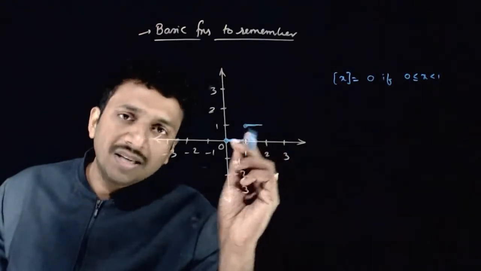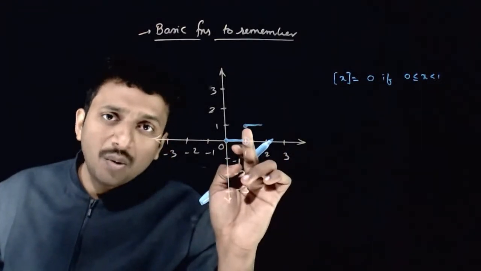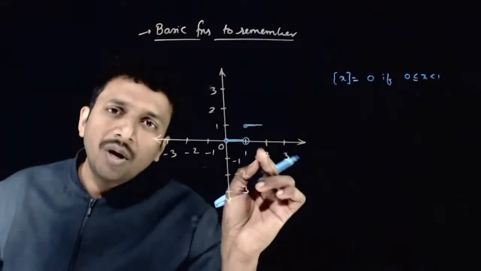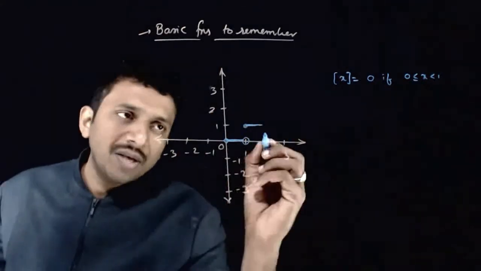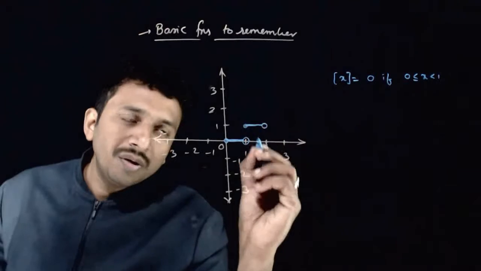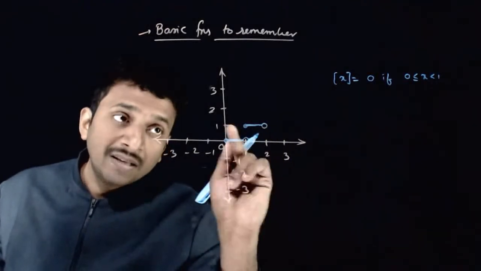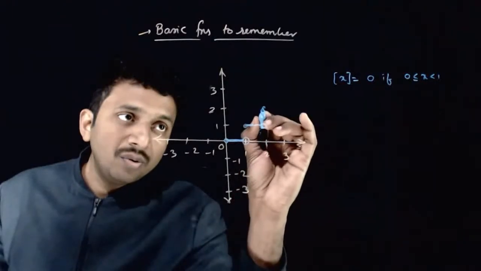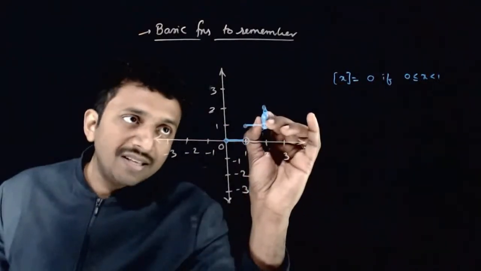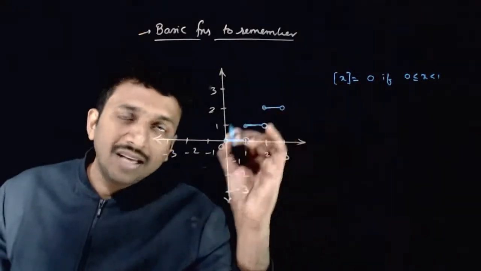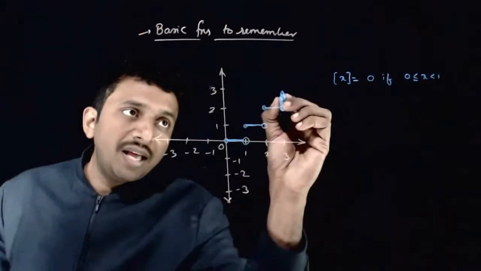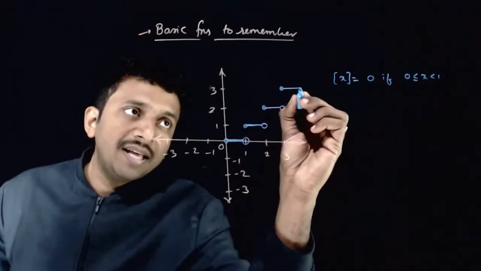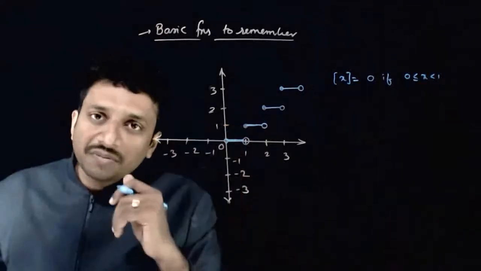So integer part of x is equal to 1 works from 1 to 1.9999, and so on. So exactly at x is equal to 2, you represent this by a hollow dot. This x is equal to 1 does not work at exactly 2. At exactly 2, you jump to 2, and this continues till x is equal to 3. At x is equal to 3, again you jump up, and then it continues.